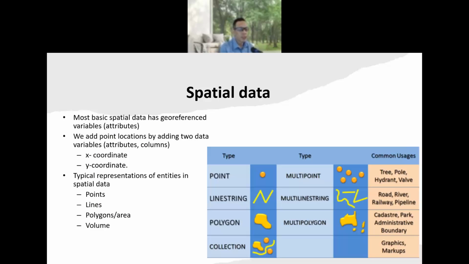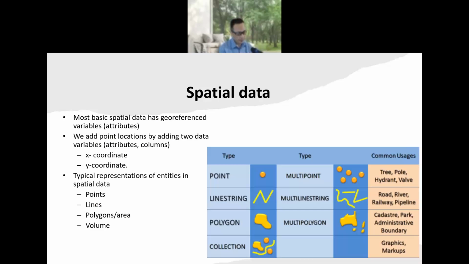And then we can have line strings. This is spatial data that is related to, for example, roads, or railways, or rivers, because they can form lines. And we can have data in the form of polygons.